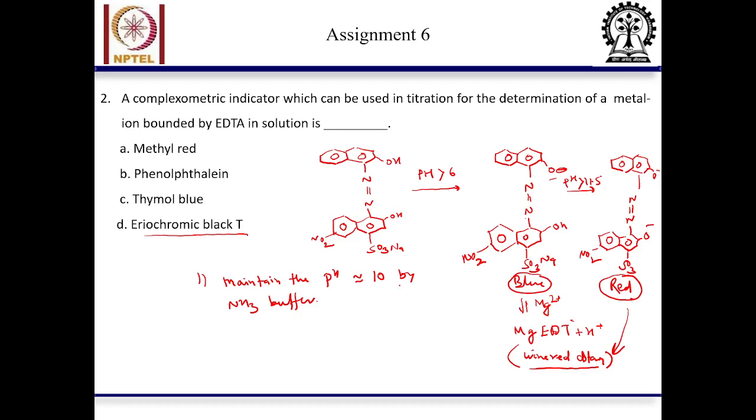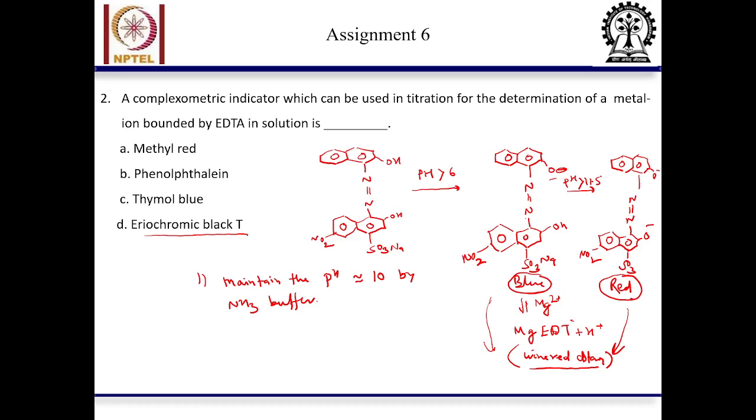You have to maintain the pH at 10 by ammonia buffer in the complexometric titration when you are using Eriochrome Black T. If only one proton is deprotonated, it will be blue, and once it forms a complex with the metal, it will give the wine red color. This transition we need to detect the endpoint. Is it clear why we need a buffer, why we should maintain pH 10 for the complexometric titration, and why Eriochrome Black T is important?